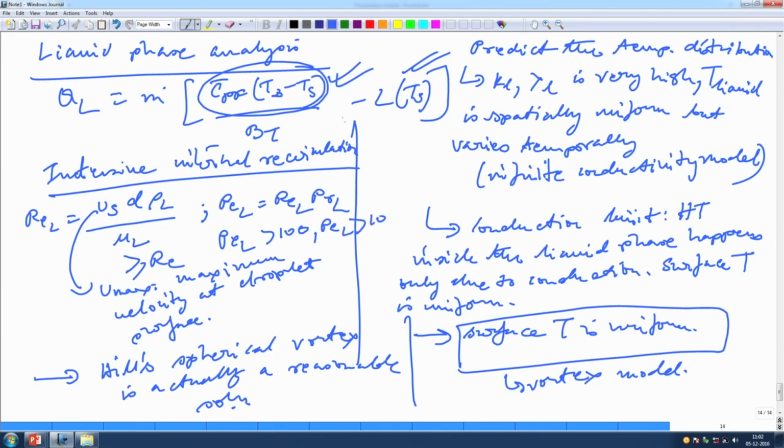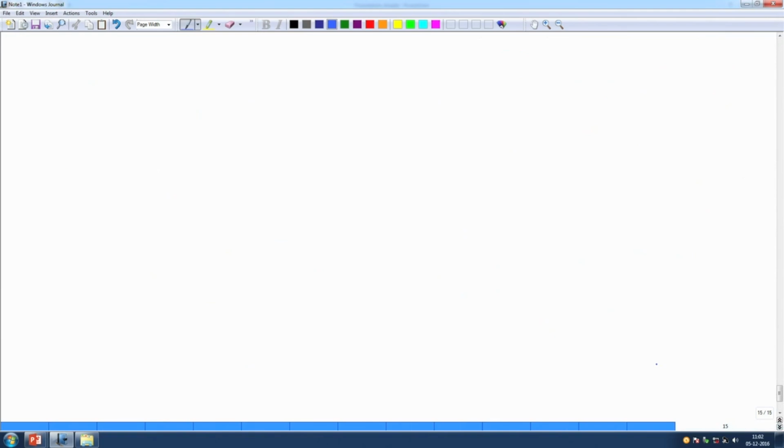So, a high Peclet number situation. Now, let us look at what we have from the Hill spherical vortex. If you cast it in terms of velocity, this is the radial component of the velocity, and this is the corresponding tangential component of the velocity.